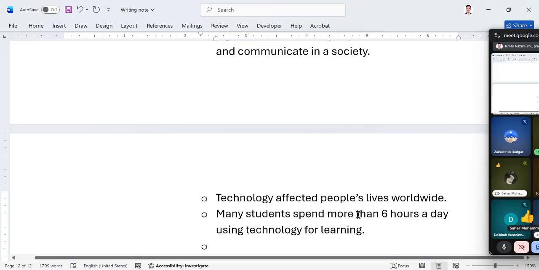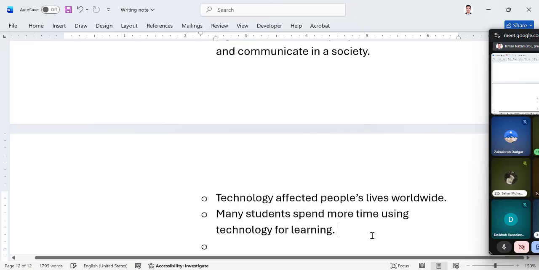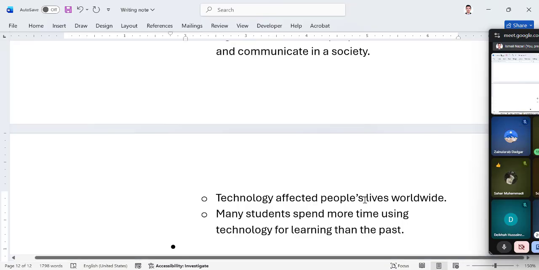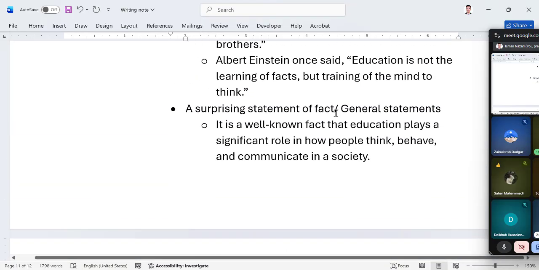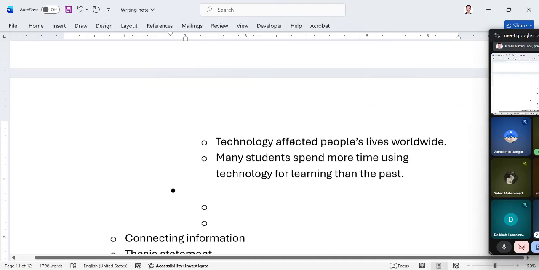Because if we specifically tell about one limited hour, so more time using technology. It's a general statement now. So it can be a hook if we have general statements or statements of fact at the beginning of our essay.